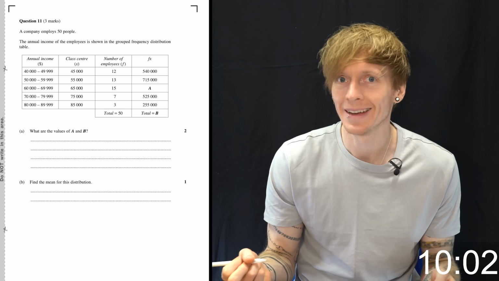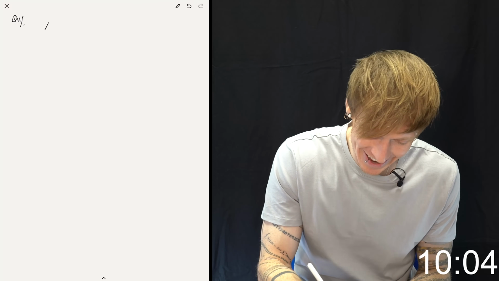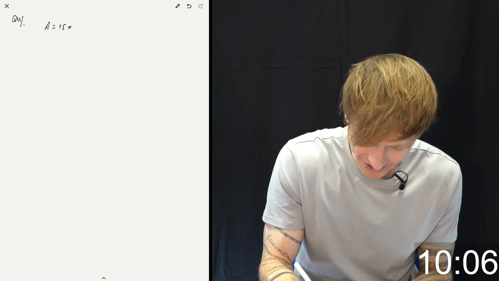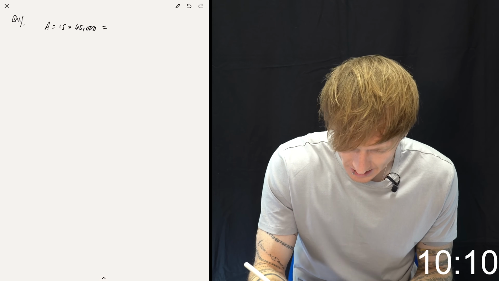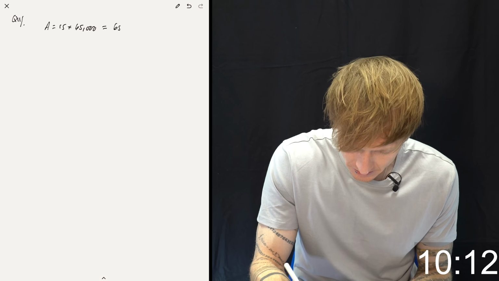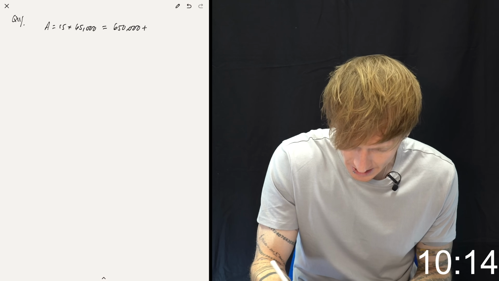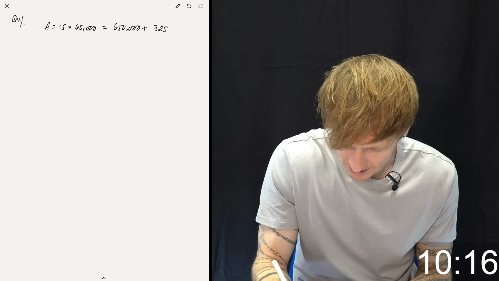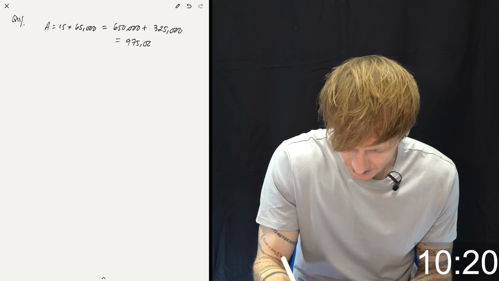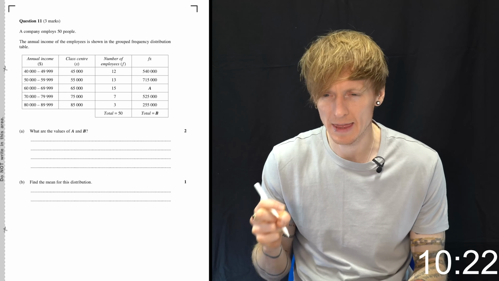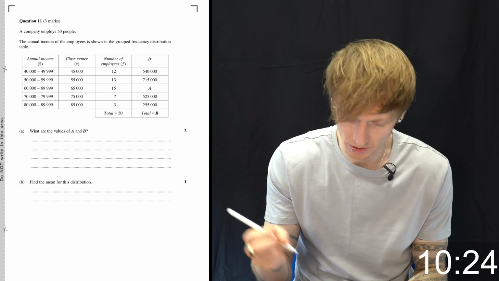So A is 15 times 65. Need a calculator. A equals 15 times 65,000. So that's 650,000 plus half of that again, which is 325,000. So that should be 975,000. And then B is the total of that column.